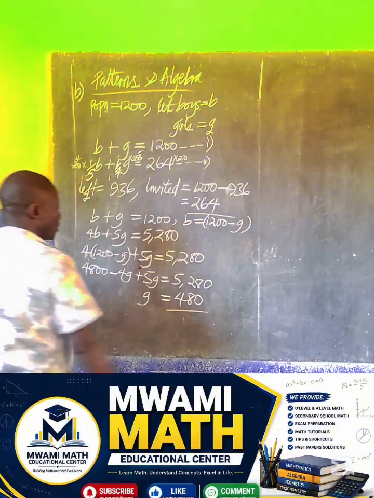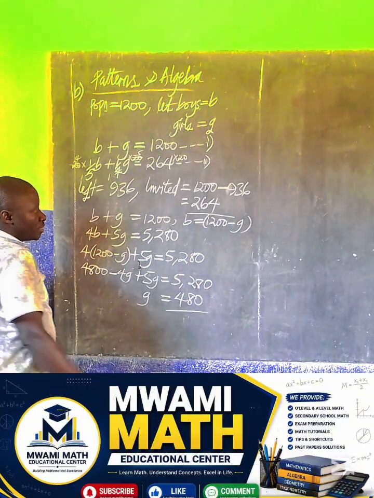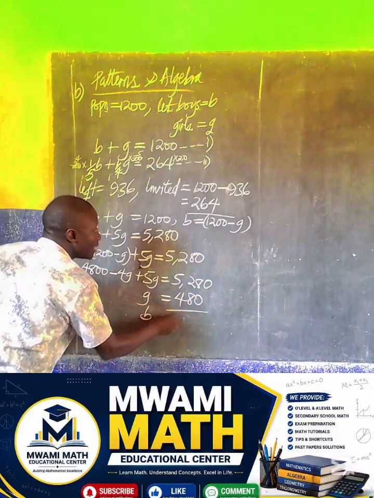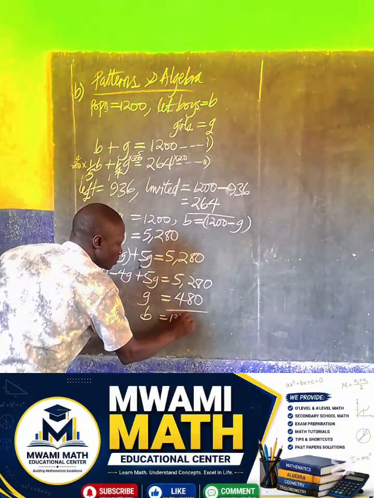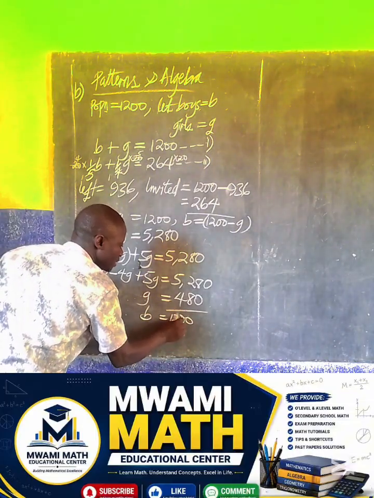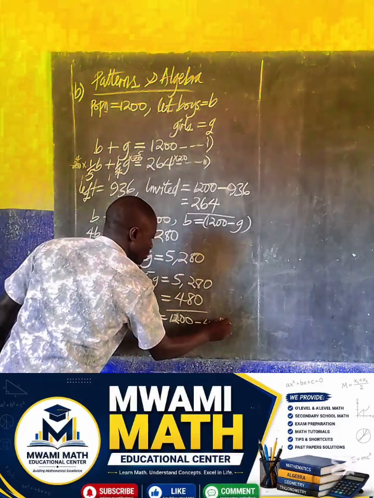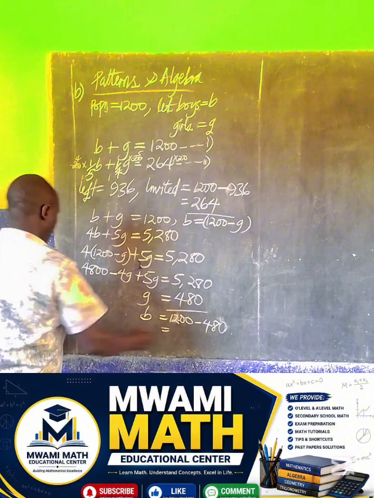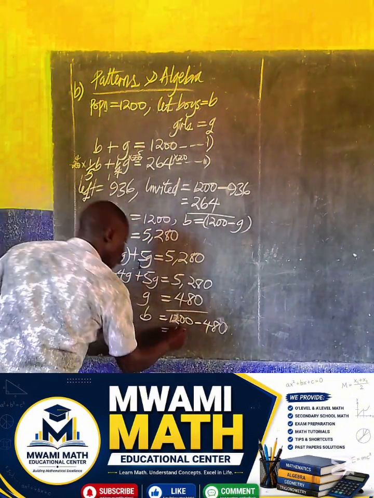480. So having got our G as 480, we can now get our B as 1,200 minus 480. So this gives us 720.